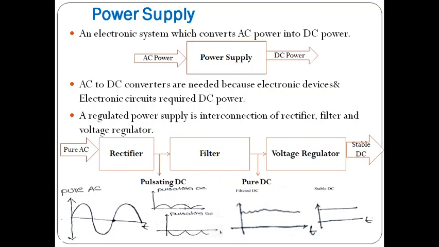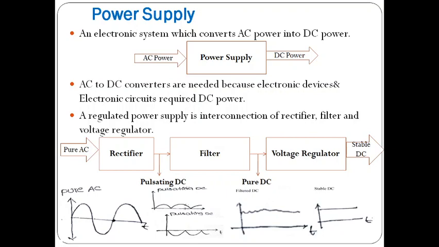For that we need to remove the AC components in the pulsating DC. To remove the AC components in the pulsating DC, we use the filter circuit. By using the filter circuit, we can remove the AC components, then you will get the pure DC. After getting the pure DC, we need to provide the stable DC output.